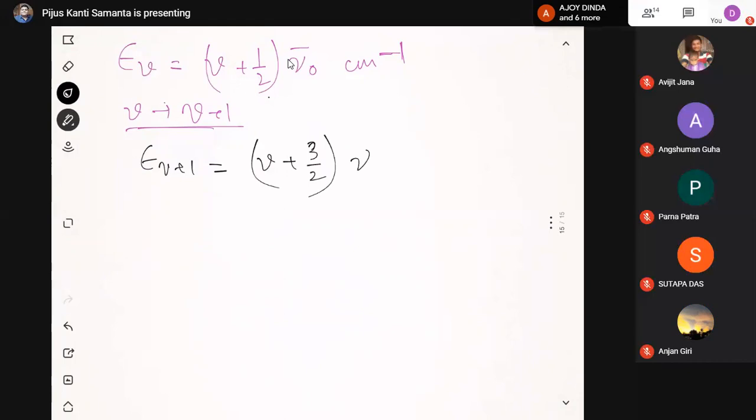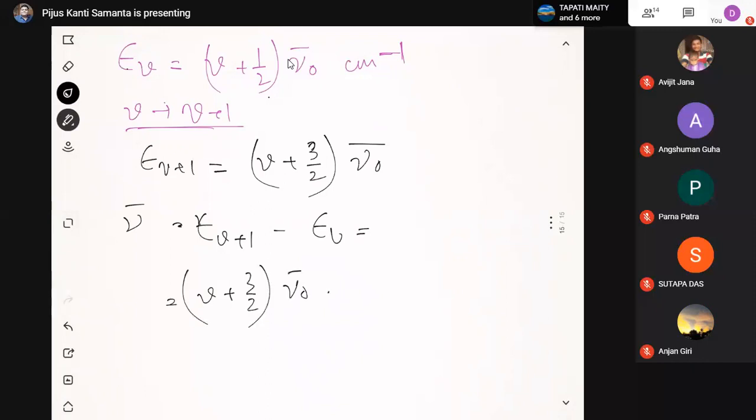We have V plus 3 by 2 nu 0, and E V already we have, so nu bar will be E V plus 1 minus E V, that will be V plus 3 by 2 minus V plus half, times nu 0.